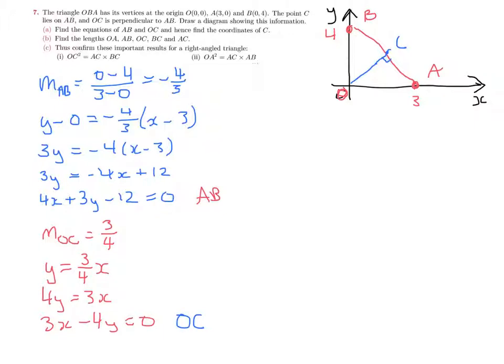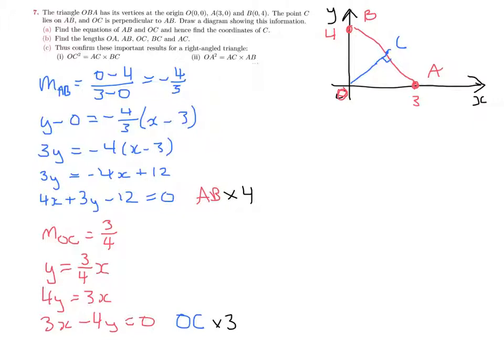Now, to find the coordinates of C, we need to solve these two equations simultaneously, AB and OC. What I'm going to do is multiply the equation AB by 4 and the equation OC by 3. The reason we're going to do that is we want to make the coefficient of y the same.